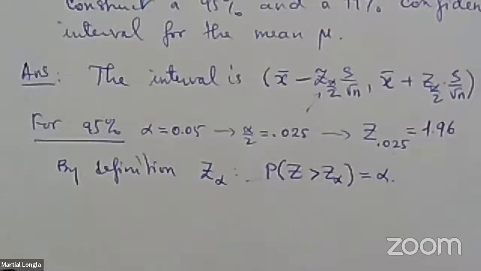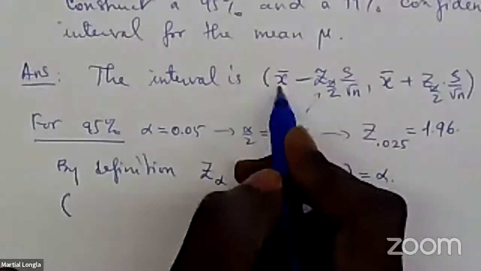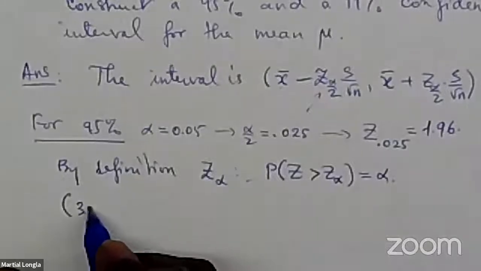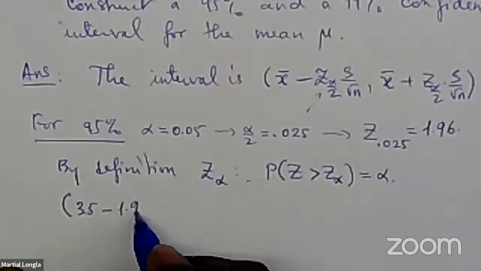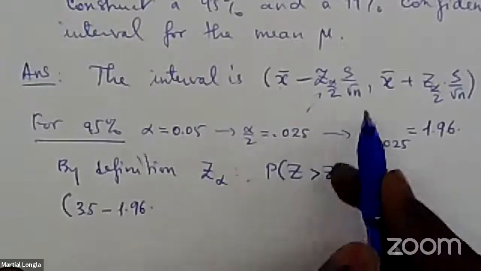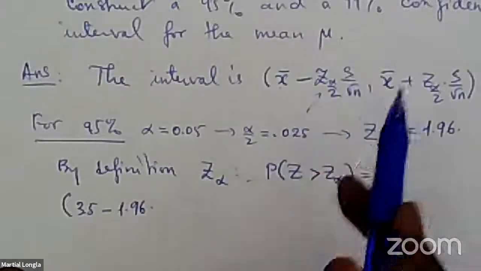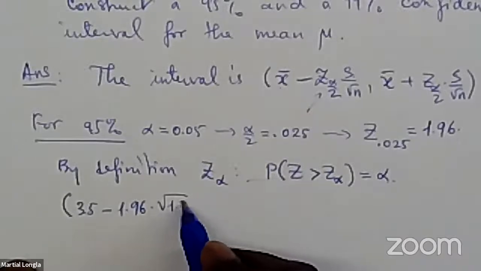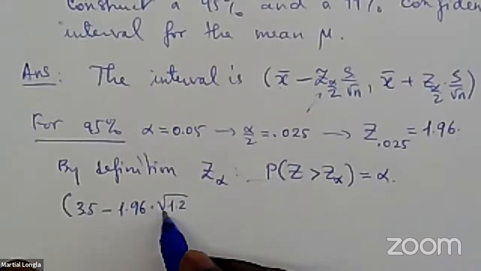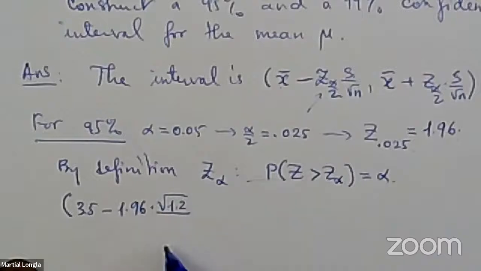All right, so once we found that, now we can just put in our formula. X bar is given, 3.5, minus Z alpha, 1.96, times S. What is given is S squared. So S is the square root of 1.2, divided by square root of n, and n is 100.